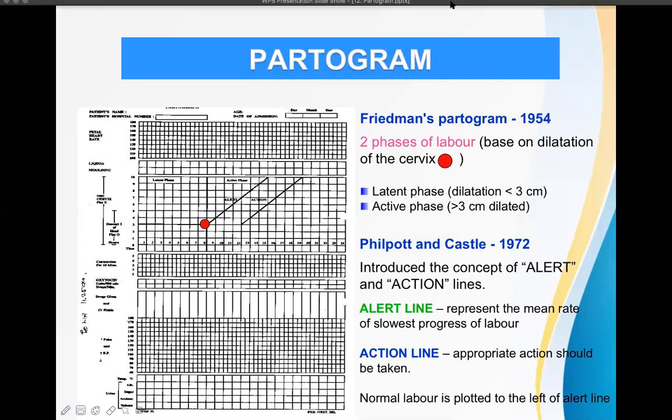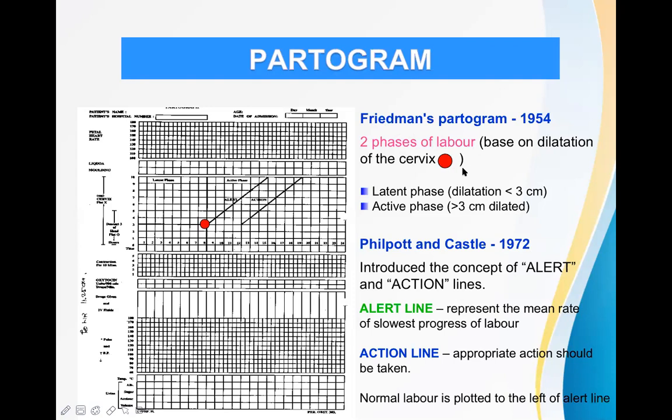Now, let's talk about the different types of partogram here. These are not a really important part of the lecture. You see this? This is known as Friedman's partogram, which was developed in 1954. According to this Friedman's partogram, there are two phases of the labor based on the dilatation of the cervix.